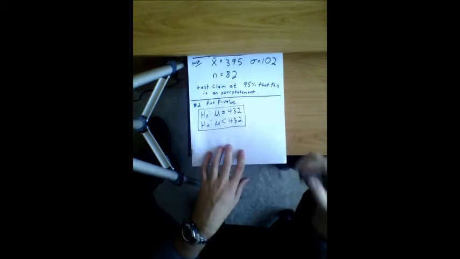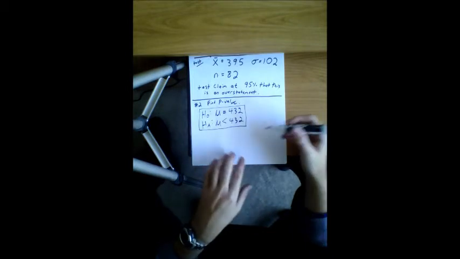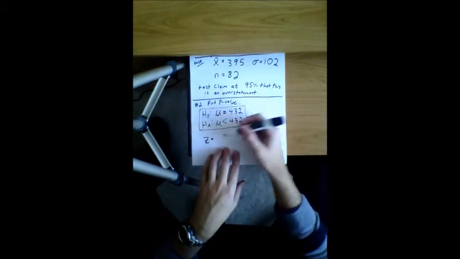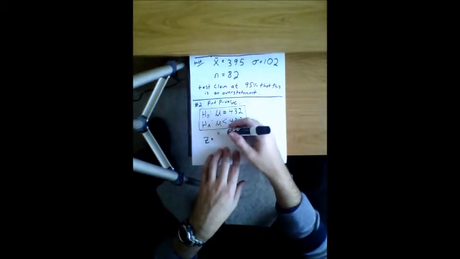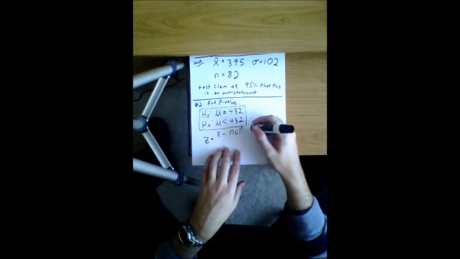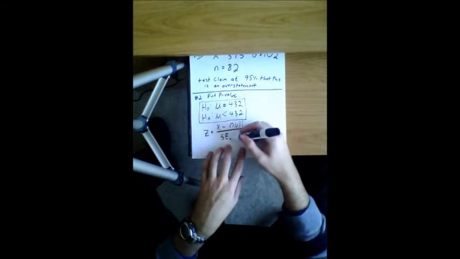From there, we do have to go ahead and find our test statistic. So again, our test statistic is Z equals our X bar minus our null, all divided by the standard error of our X bar.